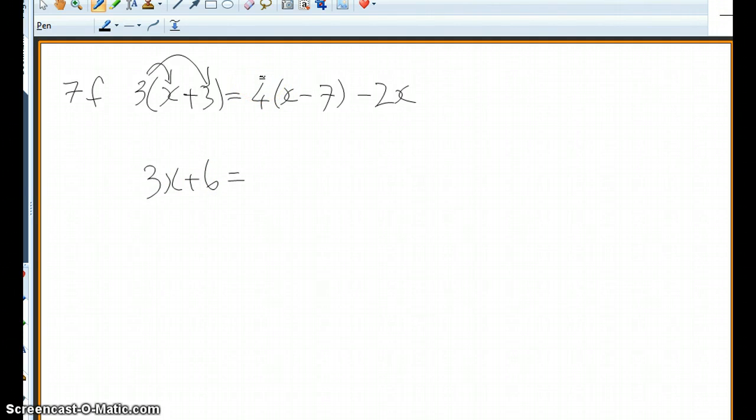Ah, just tricking. Better? Thank you to those that spotted that early, because I would have looked a bit silly after about 4 minutes of solving this problem. 4 times x, 4x, 4 times minus 7.